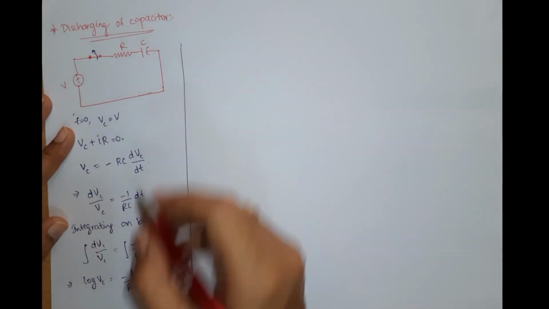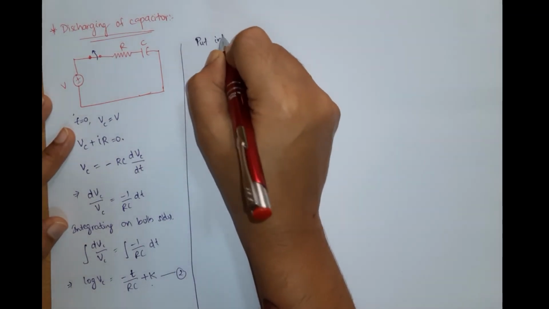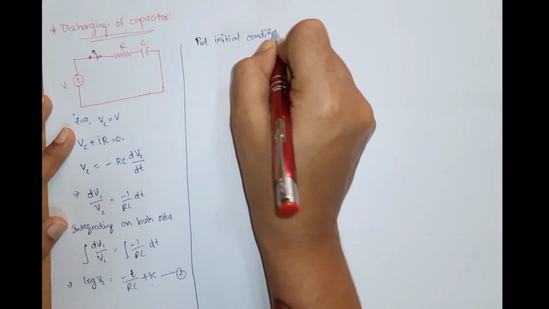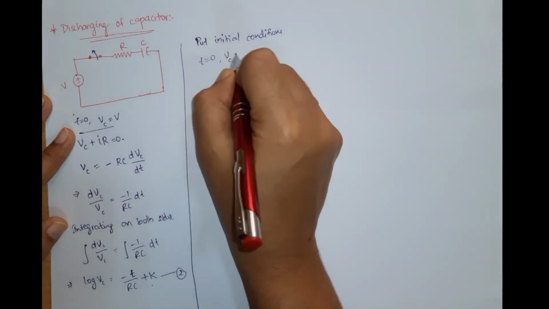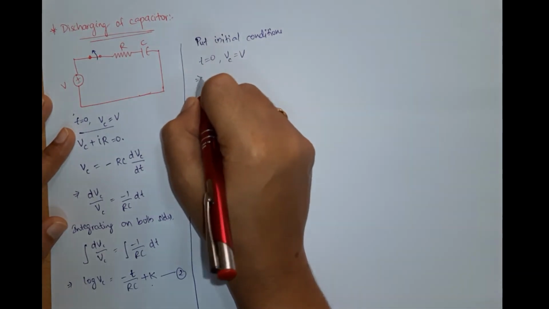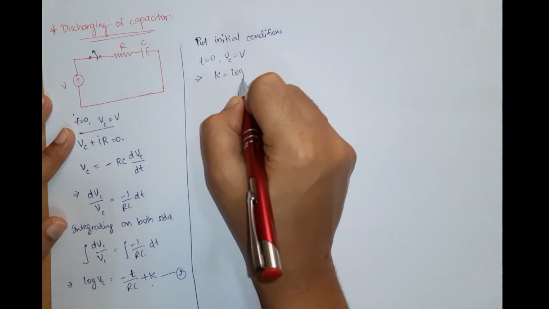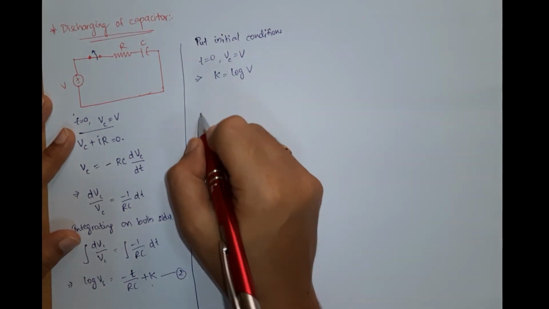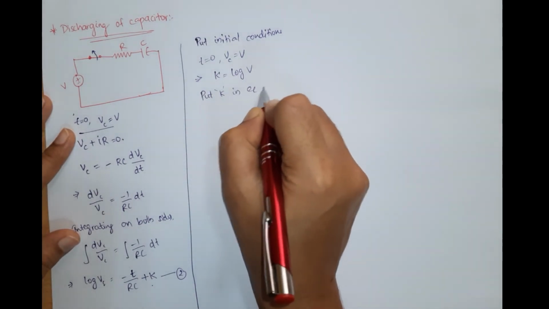Now to find k, put the initial conditions. What are those initial conditions? t equals 0 and Vc equals V. If you substitute this, you will get k equals log V, because Vc equals V and t equals 0. Now put k in equation 2.